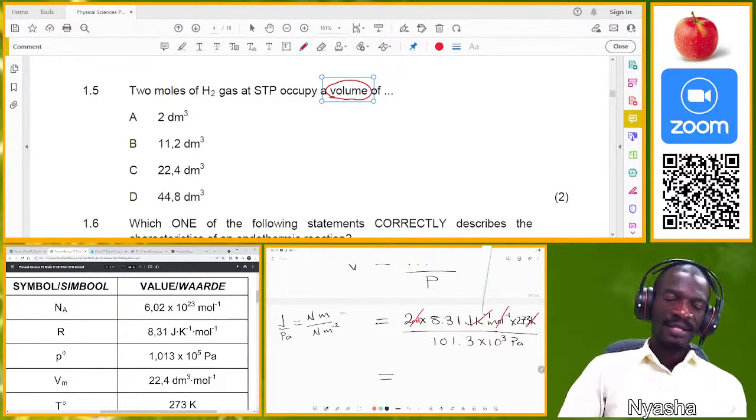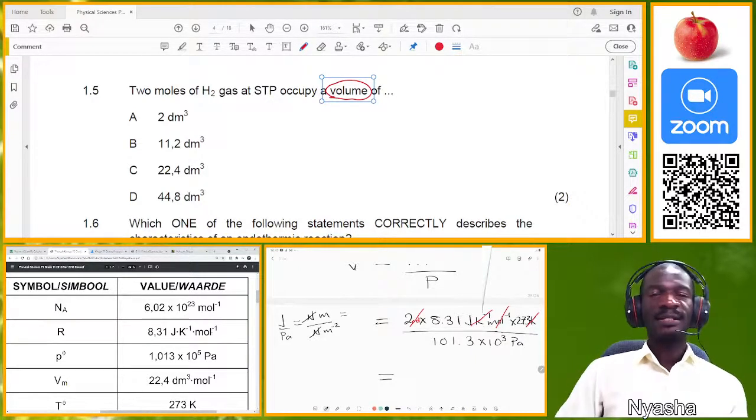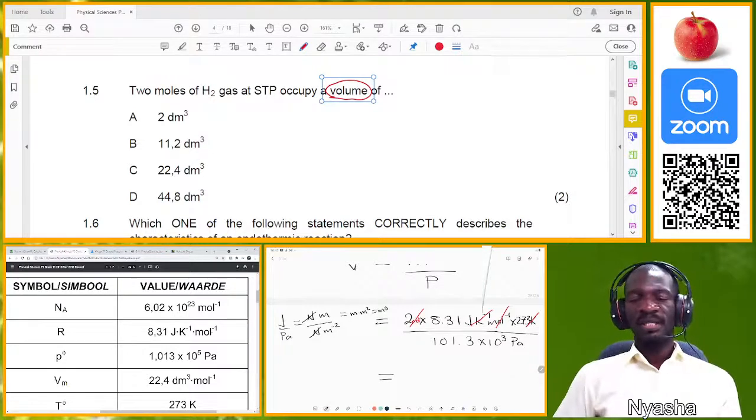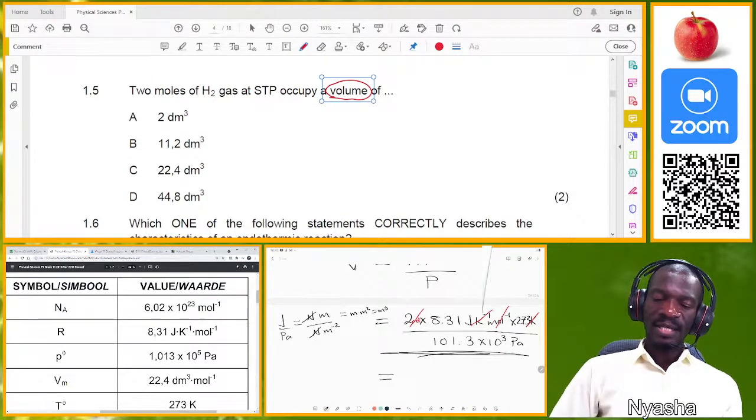In the end, your newtons cancel out, and meters multiply square meters, so you get your volume in cubic meters. So the answer we have is in cubic meters.